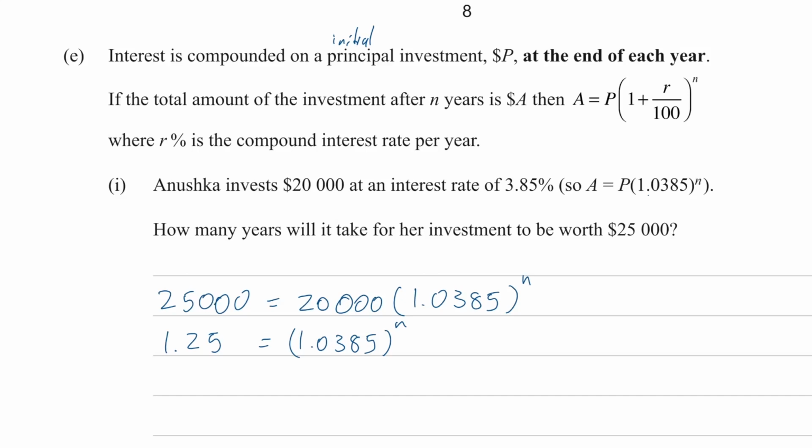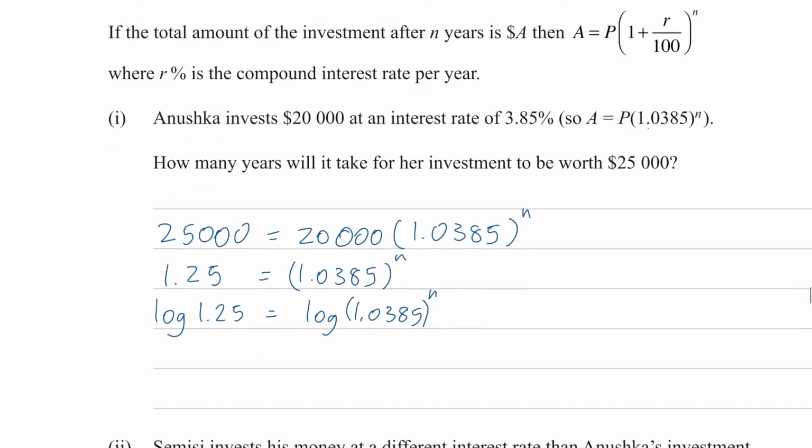All right, now looking at this, we have the unknown in an exponent. So to bring it down, we can use logarithms. Remember, logarithms are the inverse function to exponents. So if we take the log of both sides, like so, still use the brackets there, we can now use a log law, which brings the power out to the front of the log, to multiply by it.